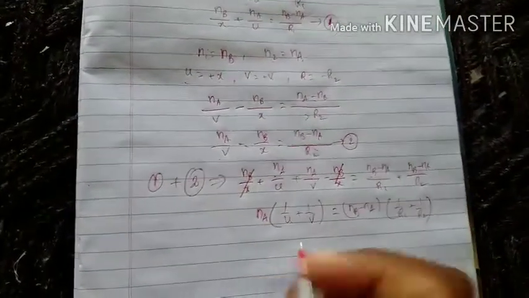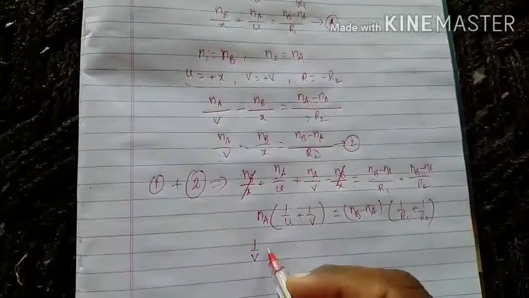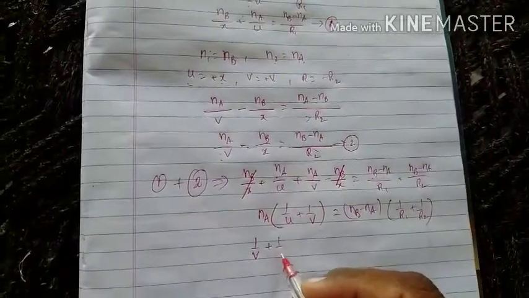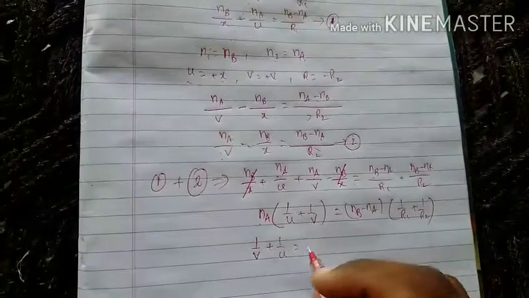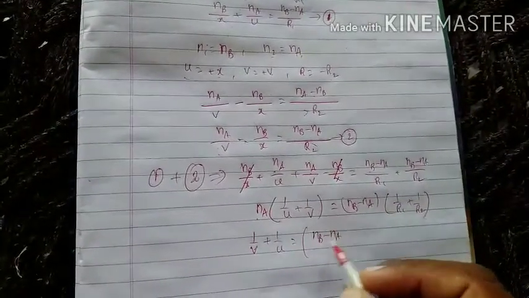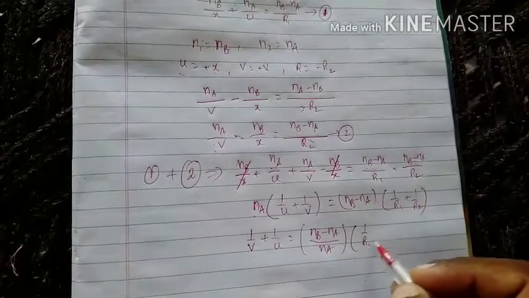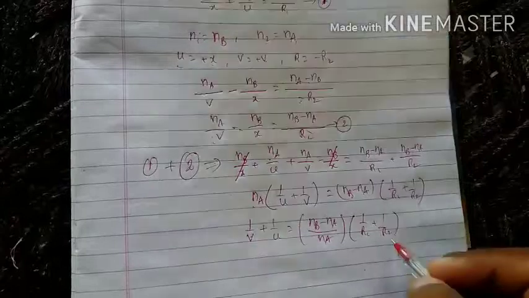Now NA is transposed. I will write this as 1 by V plus 1 by U, this one transposed, equal to NB minus NA by NA times 1 by R1 plus 1 by R2.